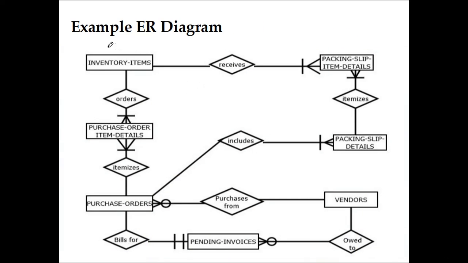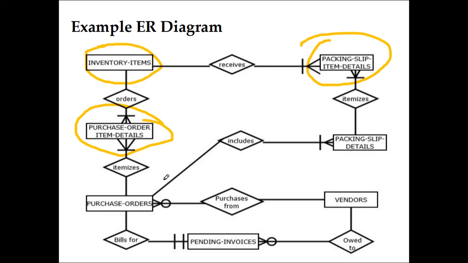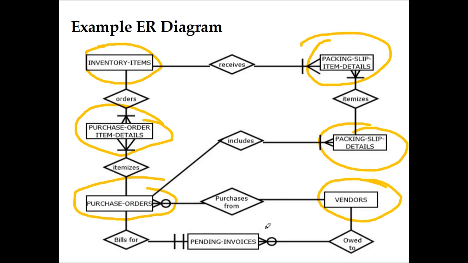Now here I have an ER diagram of a small invoice management system, how orders are managed and packagings are managed. So here I am circling this. All these are your entities, isn't it? All these are your entities.